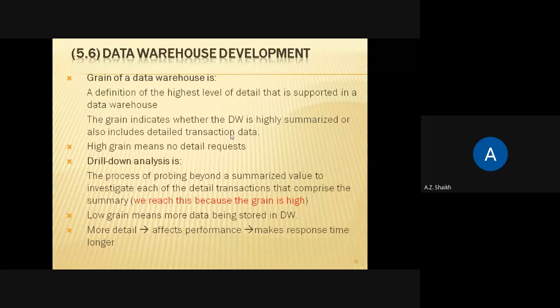Summary, जिसको हम बोलते हैं. High grain means no detail request. एक छोटा डेटा जो हमको बहुत सारी इंफॉर्मेशन देता है, जिसको हम बोलते हैं grain of the data warehouse.